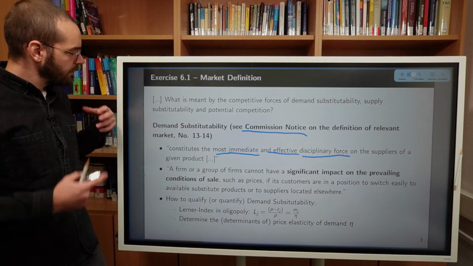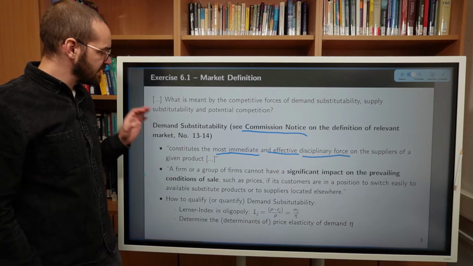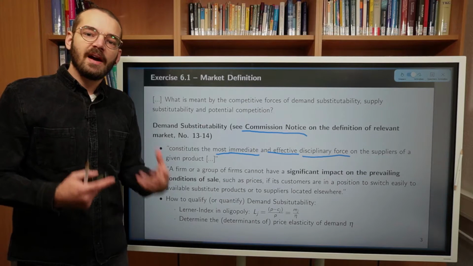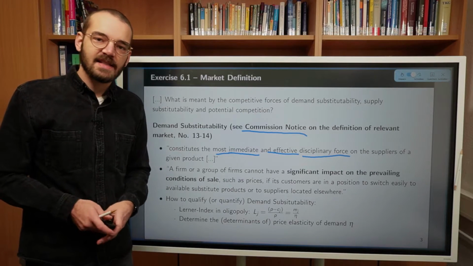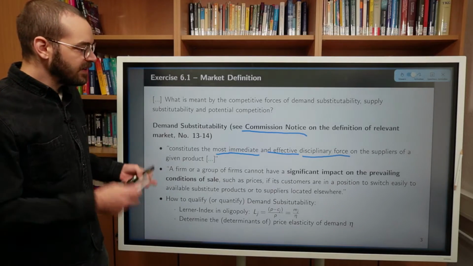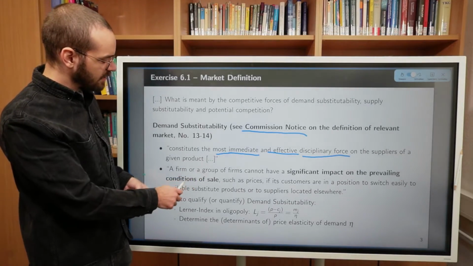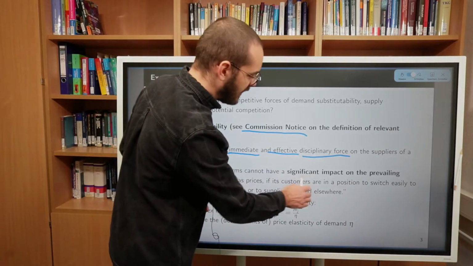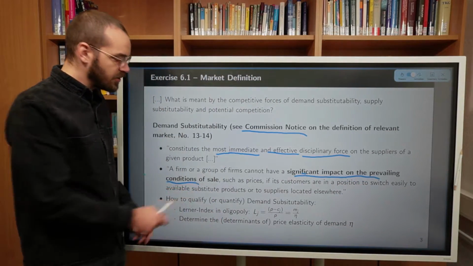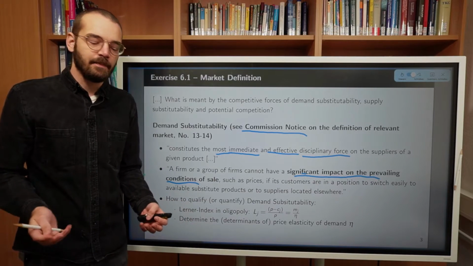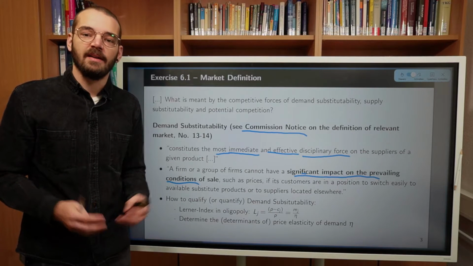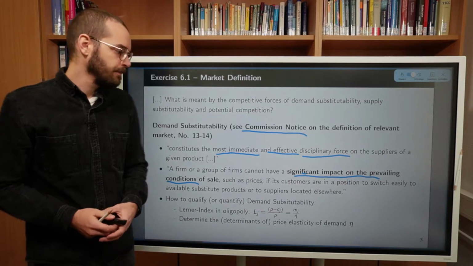What this means is, in case there is demand substitutability to a larger extent in the market we are looking at, this prevents producers or firms from having a significant impact on the prevailing conditions, which of course means, in the most immediate and simplistic way, the price they are asking for.